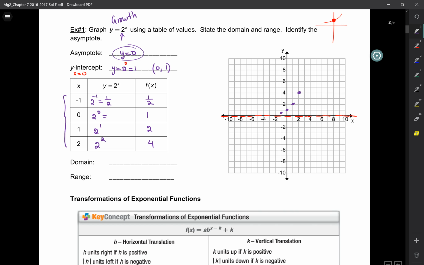Okay, now, here we go. We're gonna graph this. So it's gonna follow the asymptote on the left-hand side, come up, and go up exponentially. All right, and this is how they all look. What I will be looking for on your graphs is A, that you've shown me explicitly where the asymptote is.